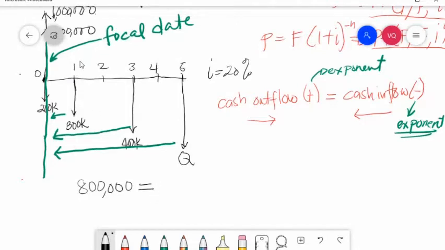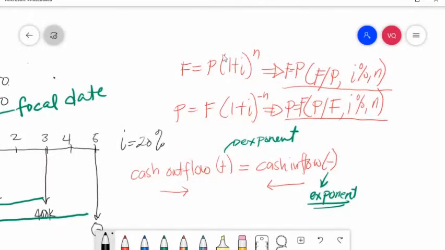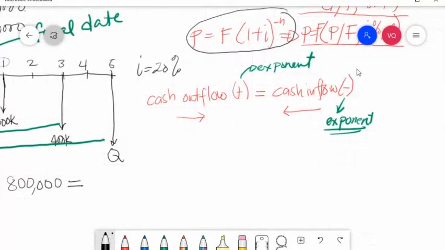At first year, we have 300K. And the formula for a negative exponent is this one: F1 times P over F, i percent, n, plus F2.